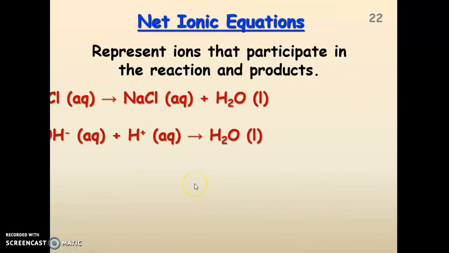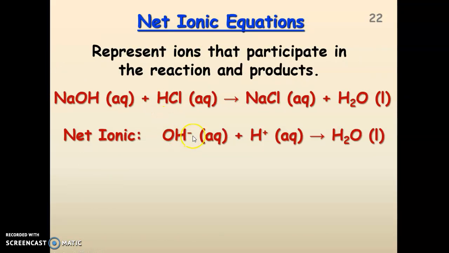All right, in net ionic equations, we're going to represent only the ions that are actually involved in the reaction. So in this particular reaction, the sodium hydroxide and the hydrochloric acid, the ions that form in the solution from that, there's hydroxide ions and sodium ions and hydrogen ions and chloride ions.